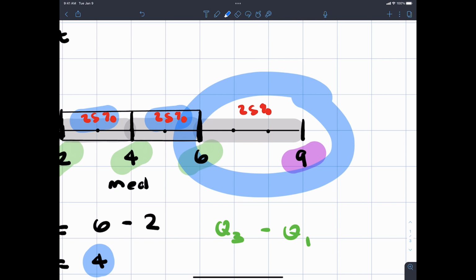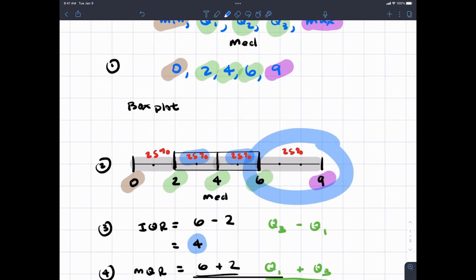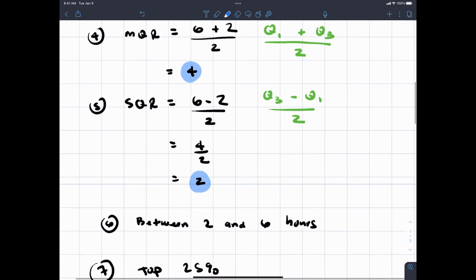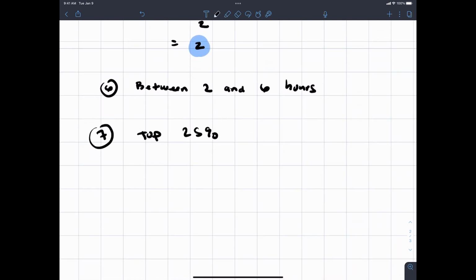So the top 25% of students, in terms of the sleep they get, is between 6 and what? 9 hours. So we're just reading the box plot, ladies and gentlemen. And so for the top 25%, we can say it's between 6 and 9 hours.